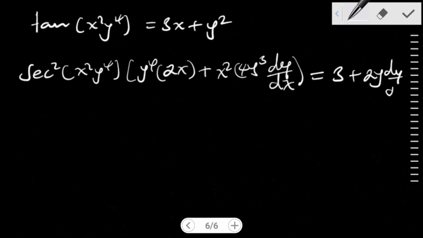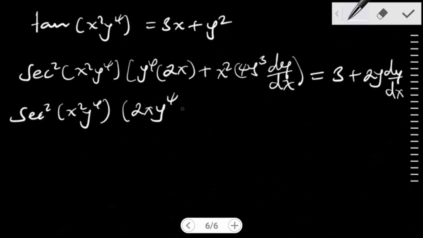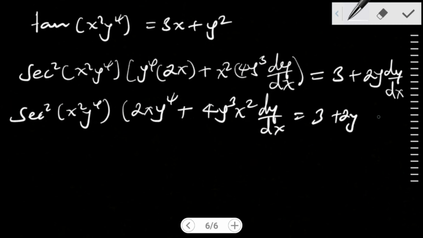And so I'm going to have here sec squared into x squared y to power 4, close this, into 2x y power 4 plus 4y cubed x squared dy dx, which would be equals to 3 plus 2y dy dx.